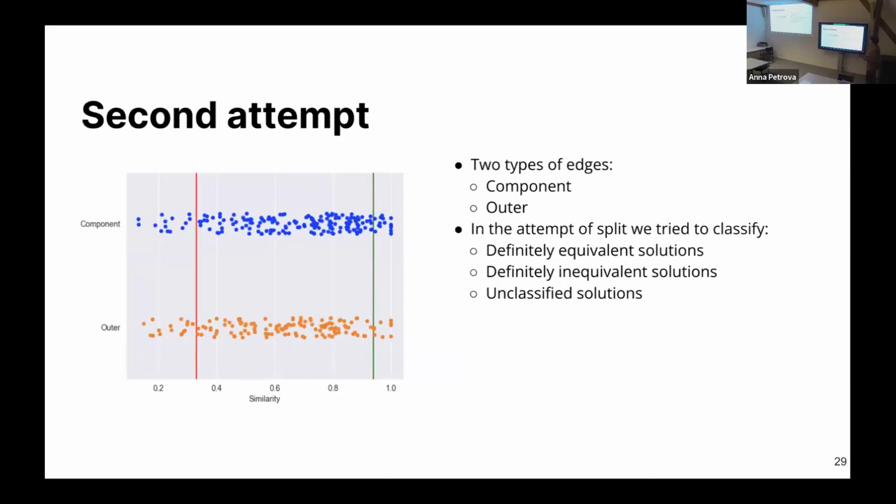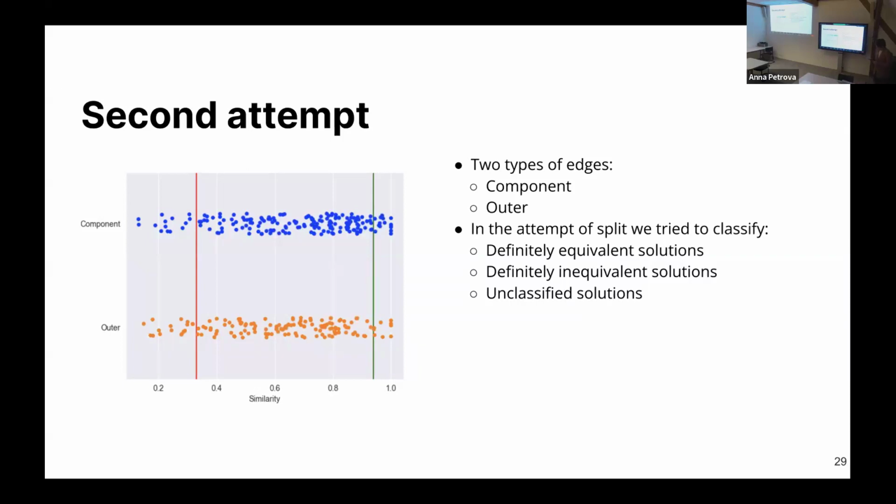In this attempt, we tried to split solutions into three classes: definitely equivalent solutions, definitely inequivalent solutions, and unclassified solutions, all other solutions. To do this, we just used two thresholds, the green and red lines.